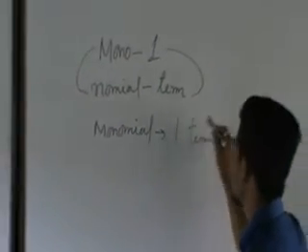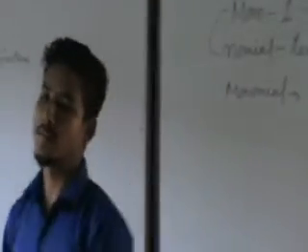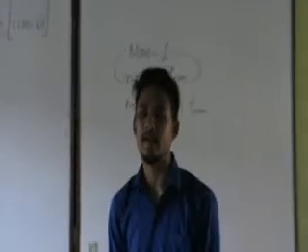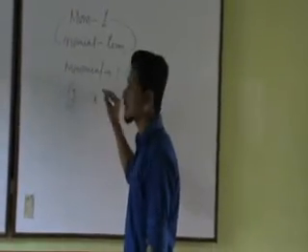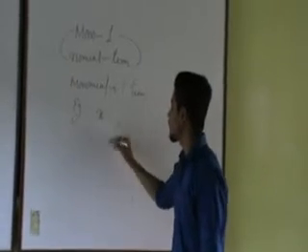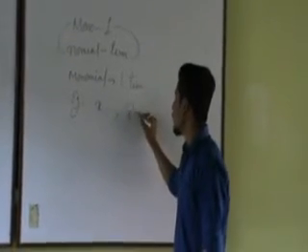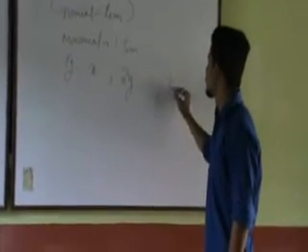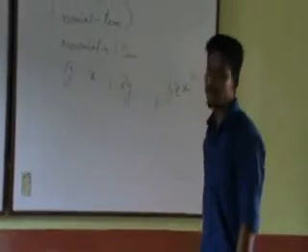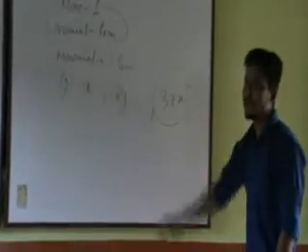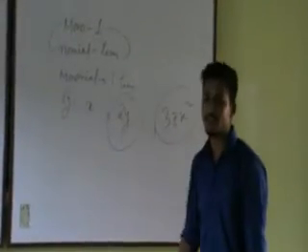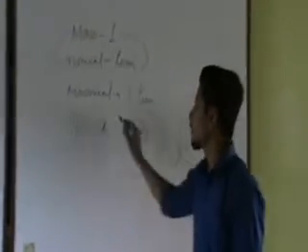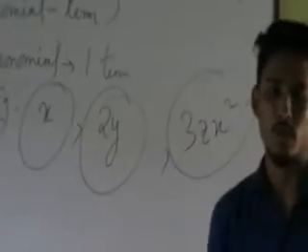The definition of monomial is that an expression having only one term is known as a monomial. Is this clear? Examples are x, 2y, 3zx, anything with only one term in the expression. x is also a monomial.